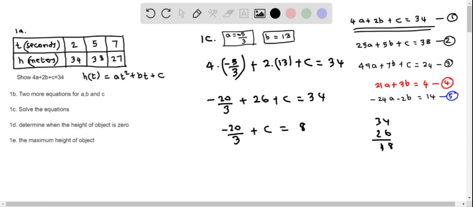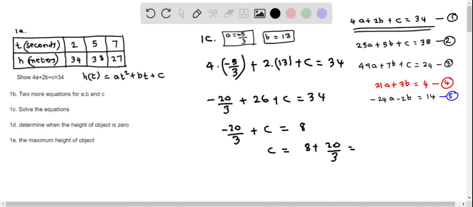So I put 8 here. We just clear this off. Now I have to add 20 by 3 to both sides. So this will become 8 plus 20 by 3. And this is equal to, I should have a common denominator.